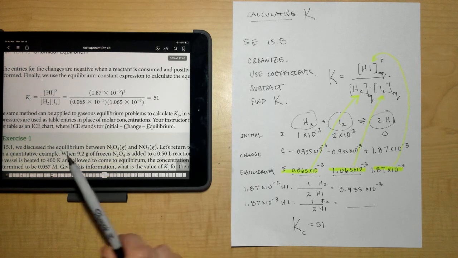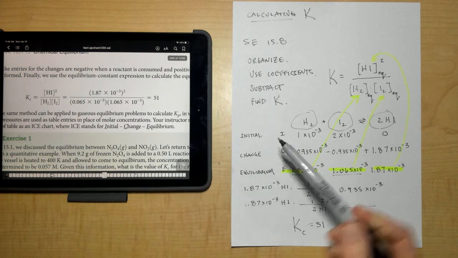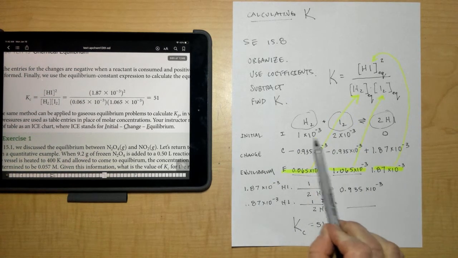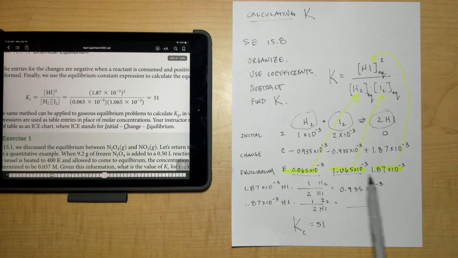So, a nice way to summarize it again: make an ICE table, initial, change, equilibrium. Organize the data that you get. Put the initial pieces in. If they don't tell you about any of the products, assume there's 0. Find the equilibrium amount or amounts that they tell you.